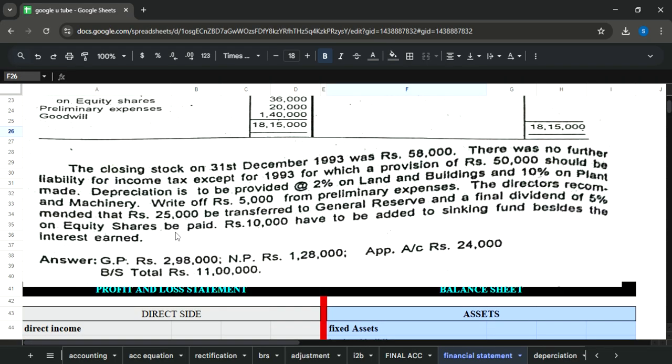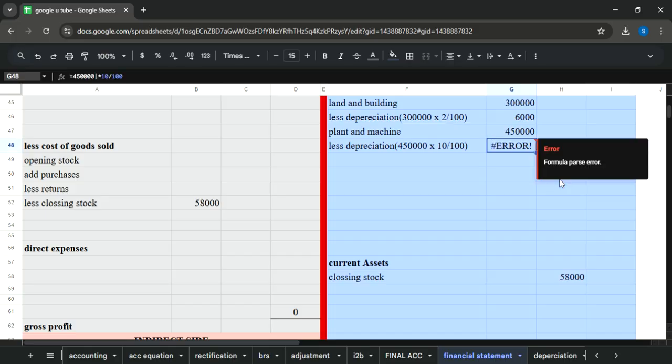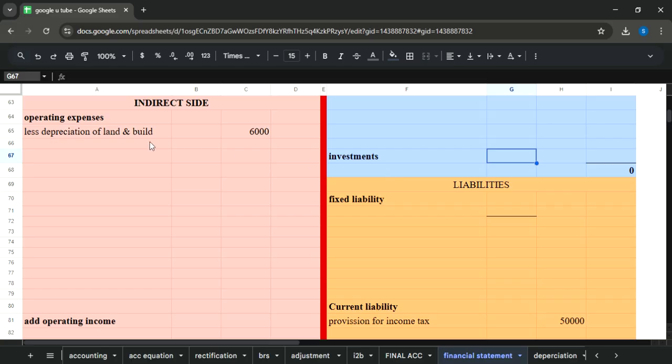From where did this 10% come? 10% on plant and machinery. Alright, 450,000 was the value of the asset, and then you have taken 10%. So the amount of depreciation has arrived.